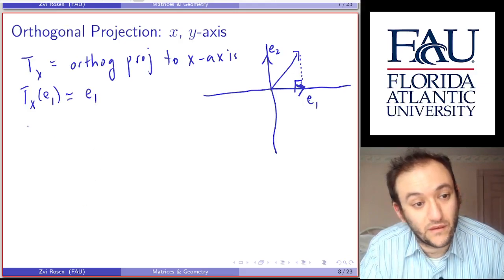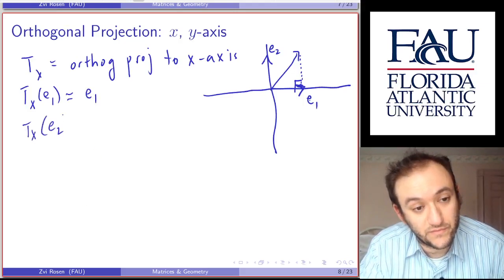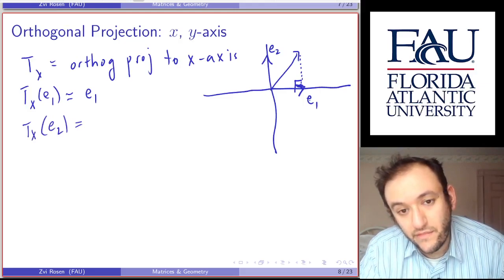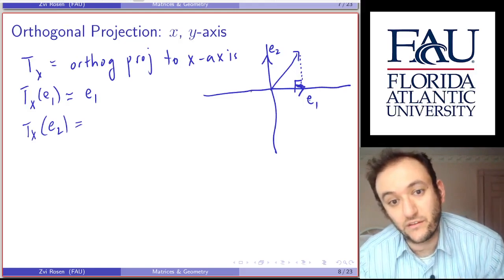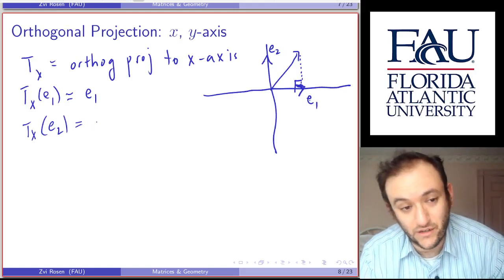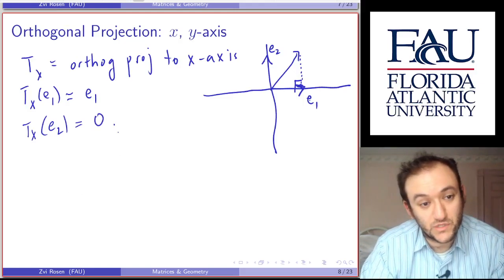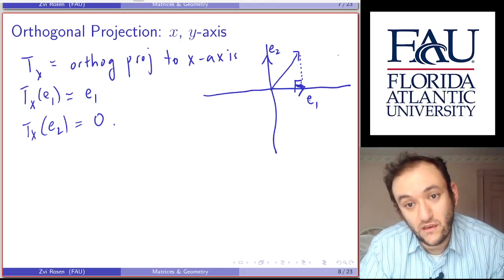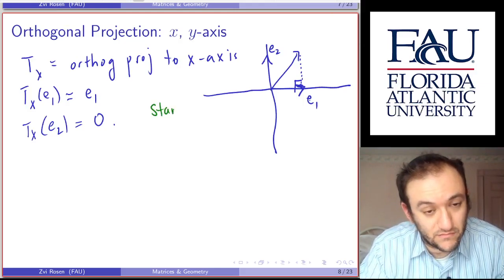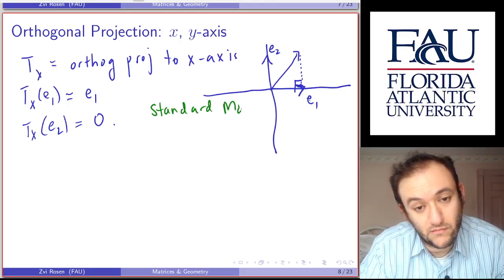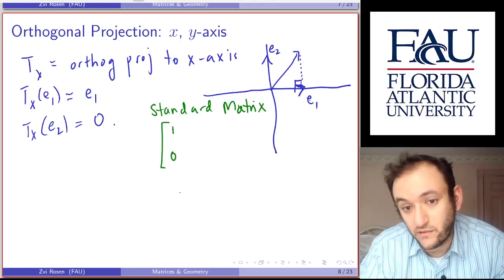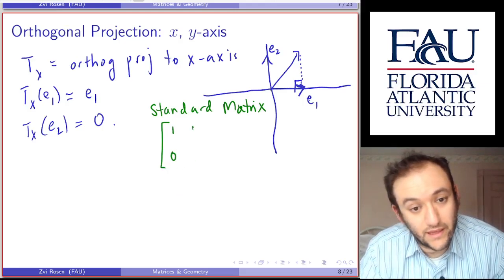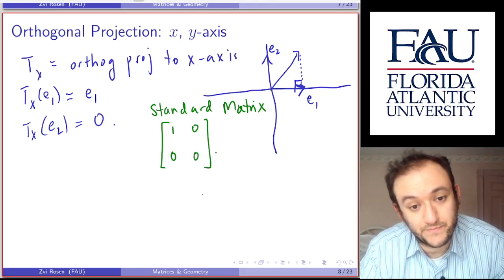As for Tx of e2, when you drop the right angle to the x-axis, you get the 0 vector. So this maps to 0. That means the standard matrix for Tx is going to be (1, 0) in the first column, because that's the value of e1, and (0, 0) in the second column.